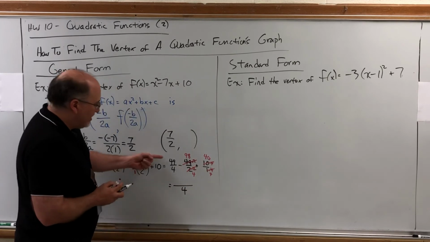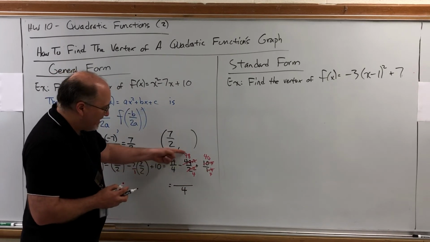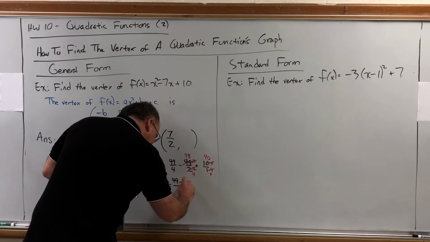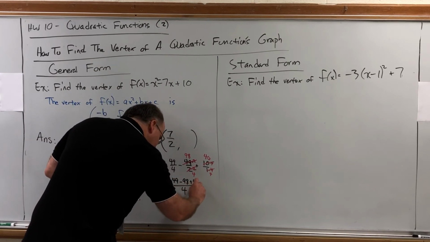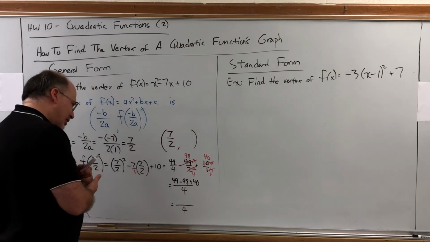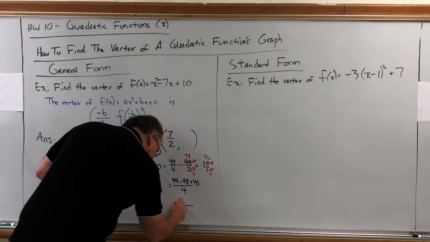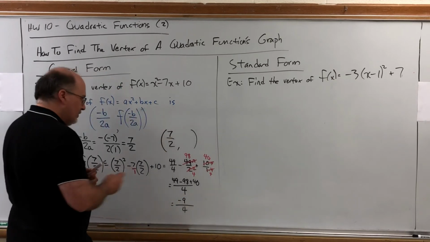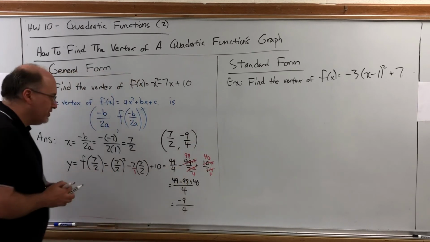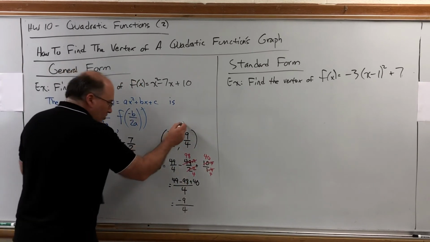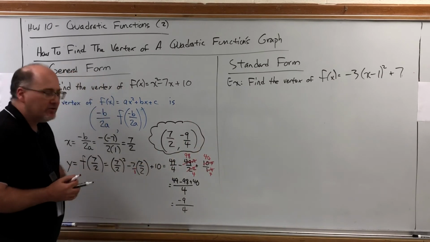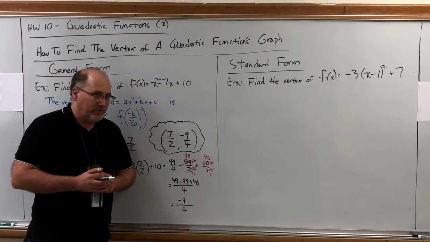And on the top, I just have to do 49 minus 98 plus 40. If you do the math, you're going to get negative 9. So negative 9/4 is the y-coordinate of the vertex. Had you substituted 3.5 for the x instead of 7/2, you should have gotten negative 2.25.